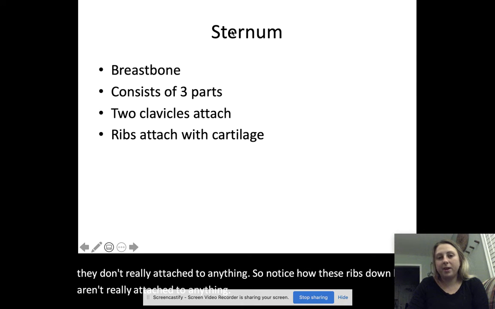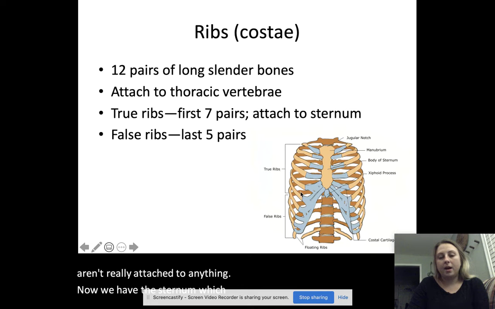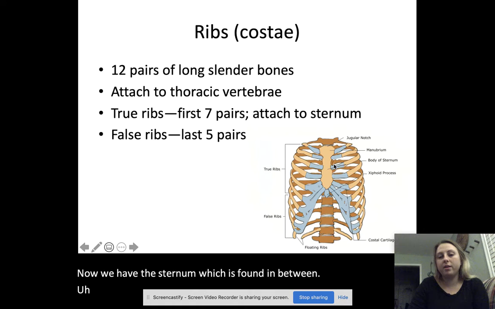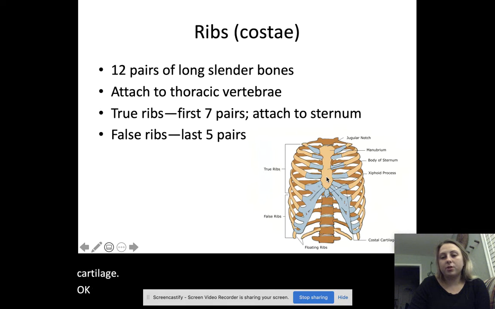Now, we have the sternum, which is found in between the ribs on either side. So all this cartilage here, all the blue is cartilage. That all attaches to the sternum. Now there's 3 different parts to the sternum. We have this top part, which is the large part.